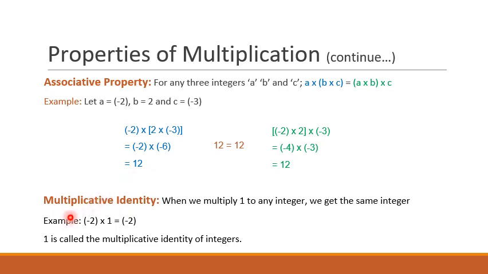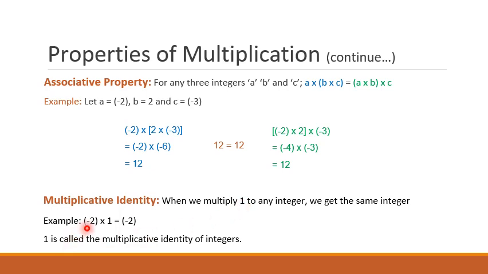Now let's see the next property, that is multiplicative identity. It says when we multiply 1 to any integer, we get the same integer. This means multiplying 1 to any integer does not change its identity. The answer is the same when we multiply any number to 1.